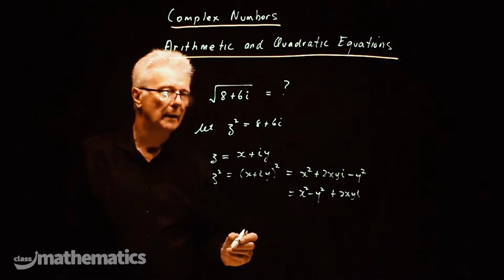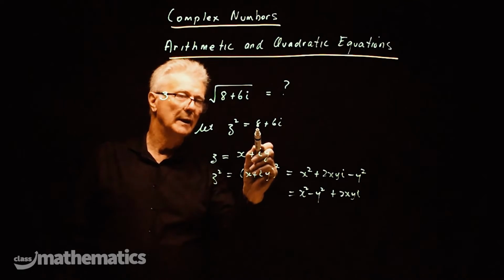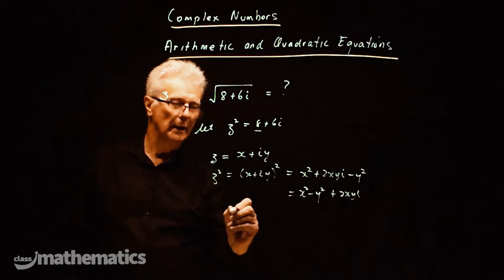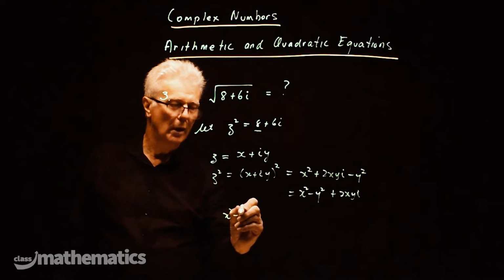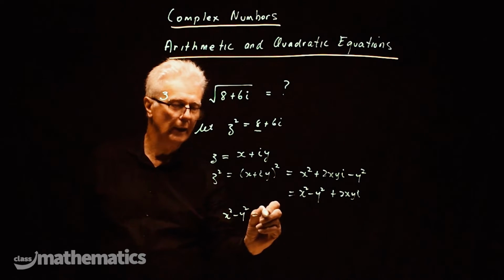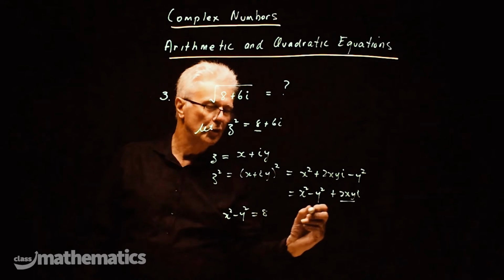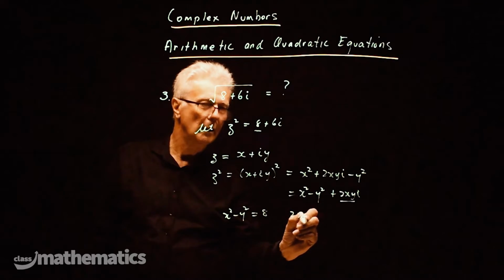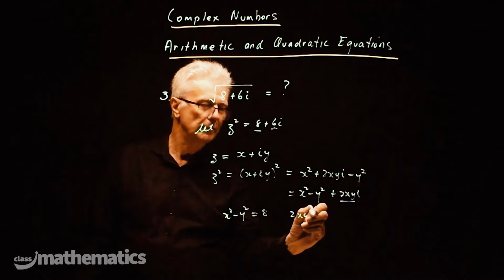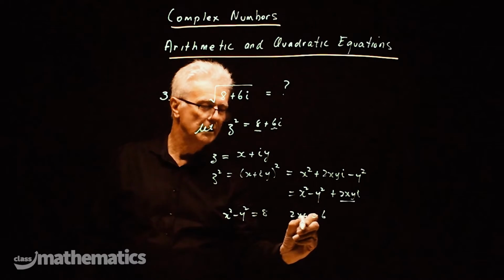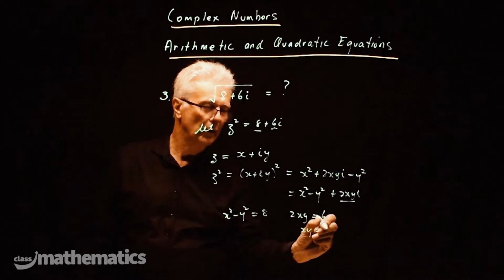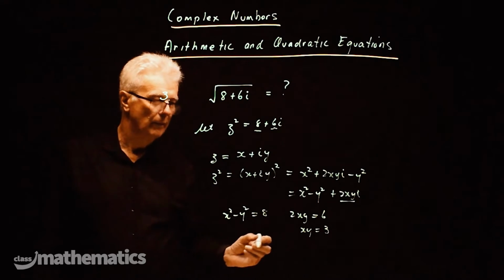Now rearranging this, we have x squared minus y squared plus 2xyi. Now the real part of this is 8, so we can say that x squared minus y squared must equal 8. And we can say that the imaginary part, 2xy, must be equal to 6. In other words, xy must equal 3.